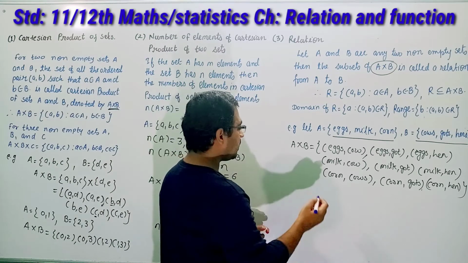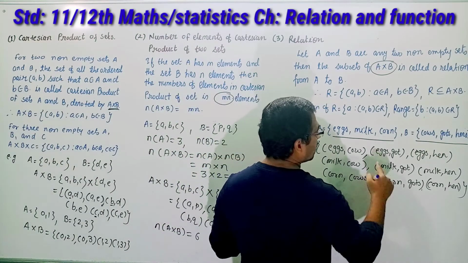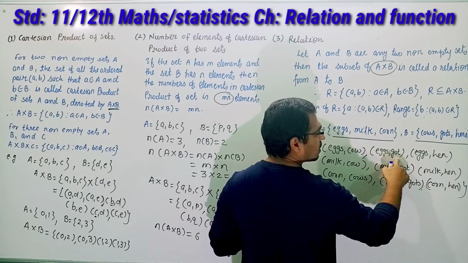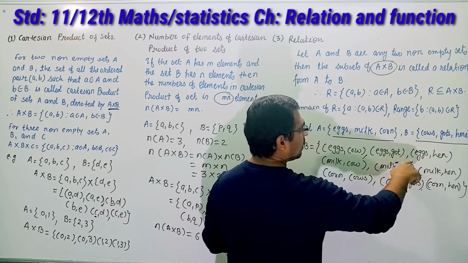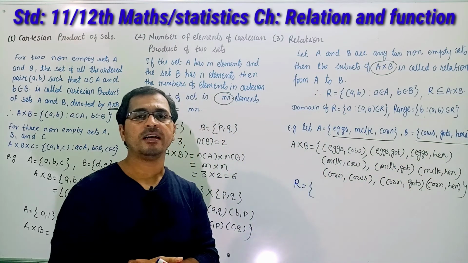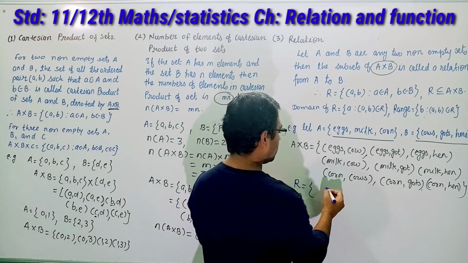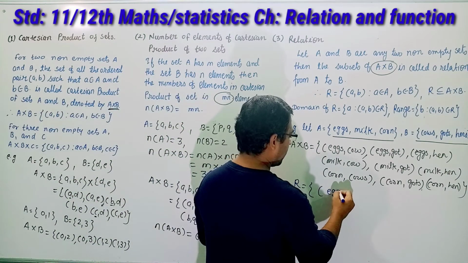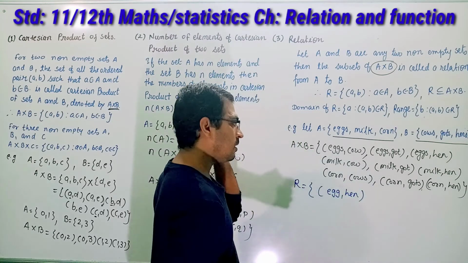Okay students, from here we will get the relations with ordered pairs. Suppose I am taking a relation, what may be the ordered pairs of the relation? Egg, hen. Understood, students? There is a relation between egg and hen because a hen lays eggs. So we are taking the ordered pair egg and hen. This is one relation.